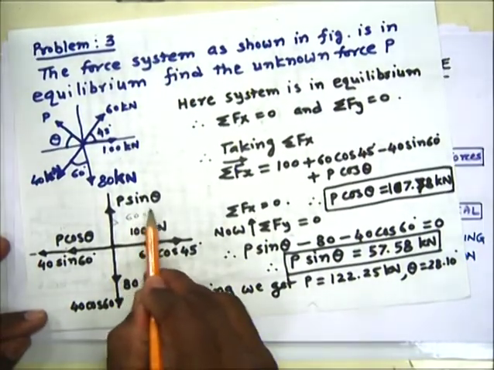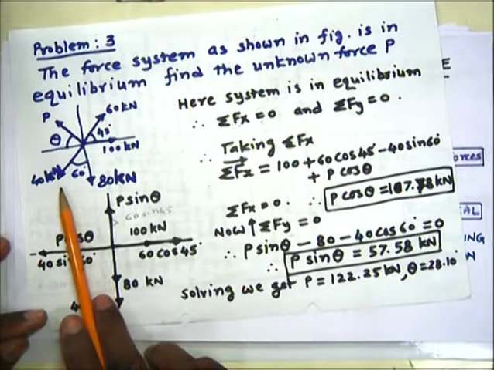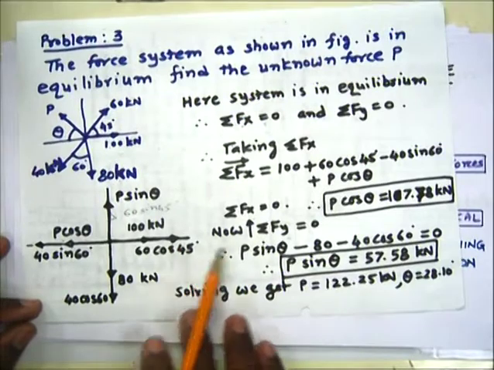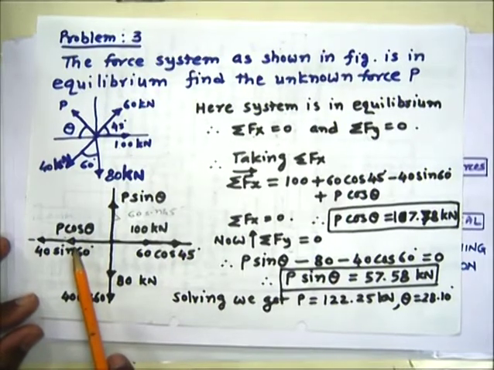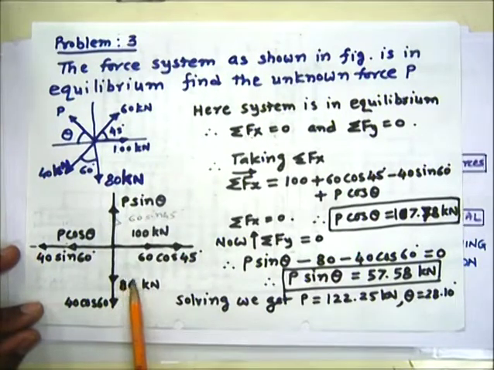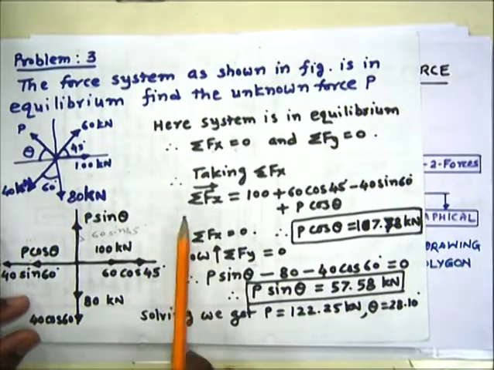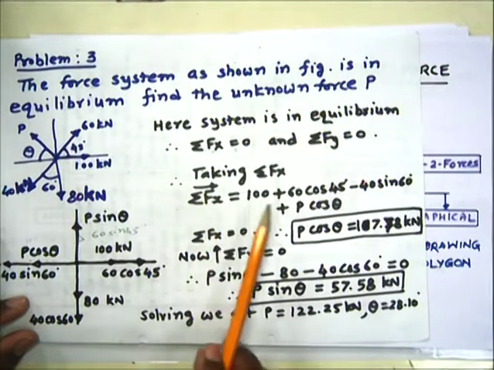Then resolving this 40 kN force, we get components 40 sin 60 and 40 cos 60, because it has an angle with the vertical, so the vertical component would be cos and the horizontal component would be sin. Then the 80 kN force is totally acting in the downward vertical direction, so it is given as the 80 kN full value.